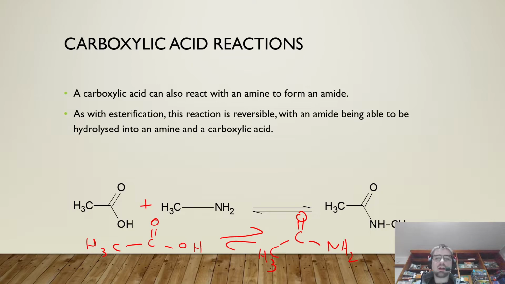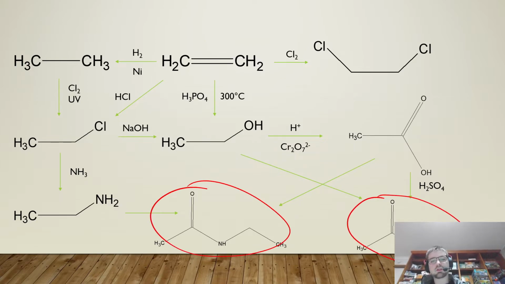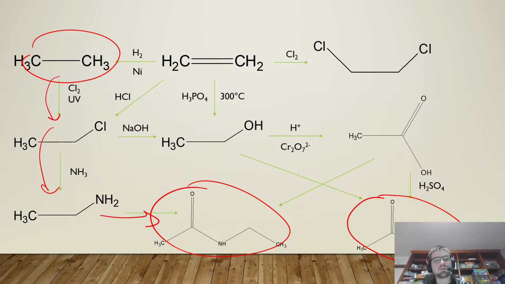So we get an amide out from this. And again, it's reversible. We can take our amide, split it up, and turn it back into the amine and the carboxylic acid. So we add that on there, bit of a crossover here, but you can see amide is often the other final product. So often we're starting off in the alkanes, we go, okay, we're going to need to go here, then go here to make that.